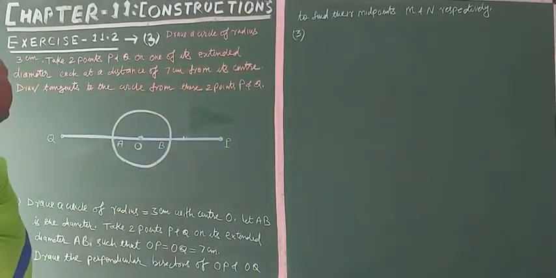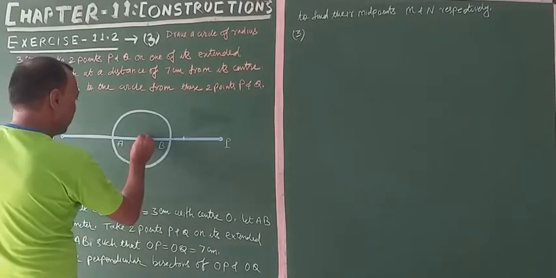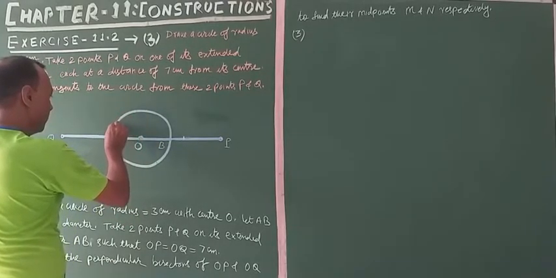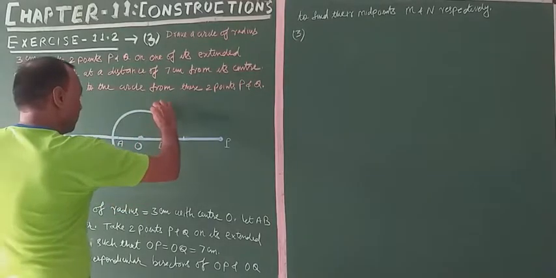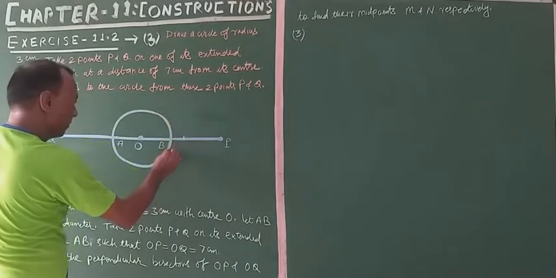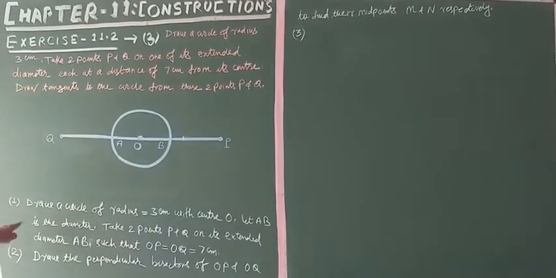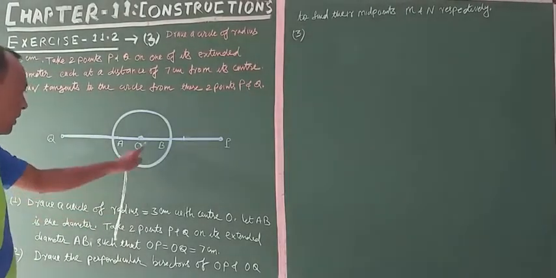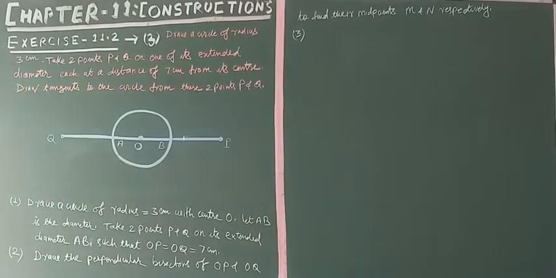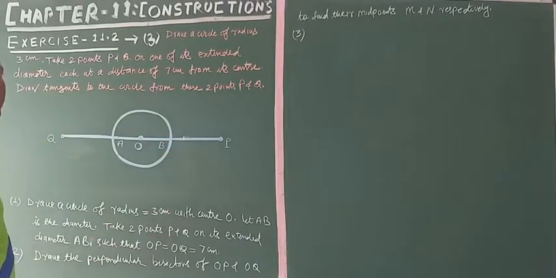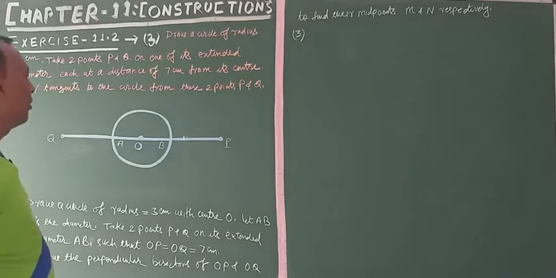Now this is question number 3. Draw a circle of radius 3 centimeter. Construction steps: draw a circle of radius 3 centimeter with center O. Next, take 2 points P and Q on one of its extended diameter, each at a distance of 7 centimeter from its center.